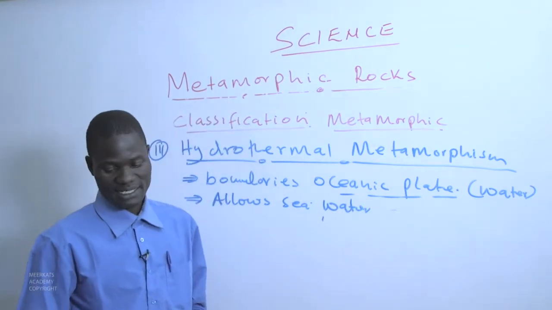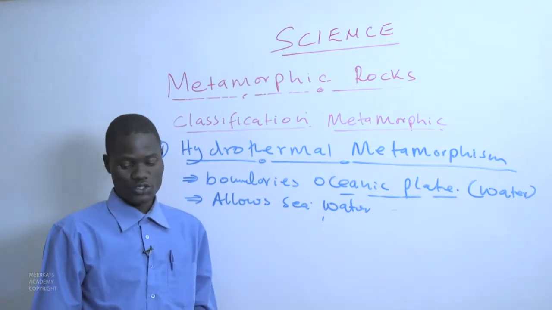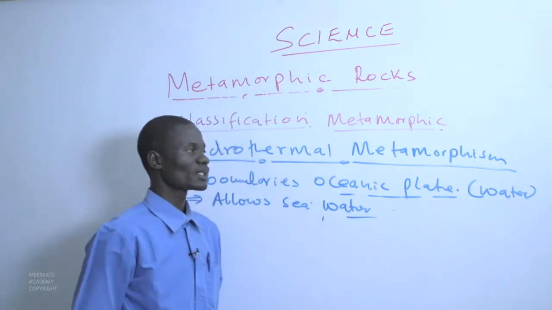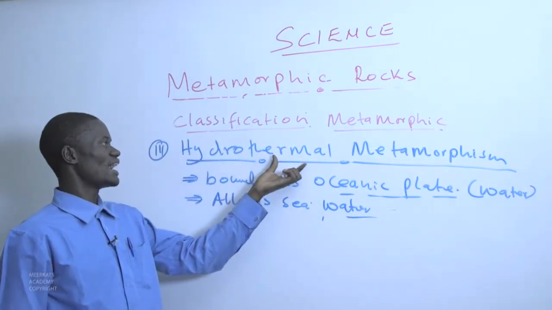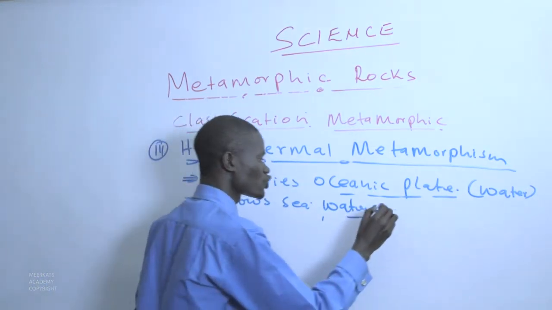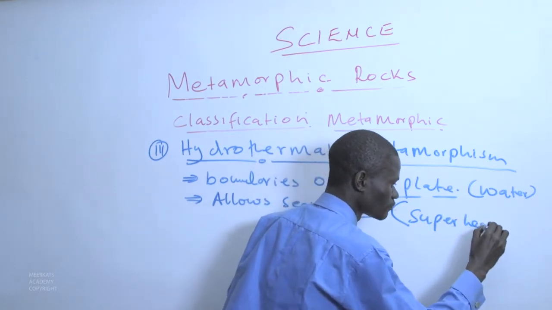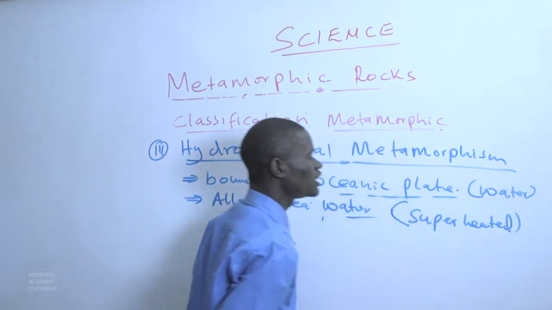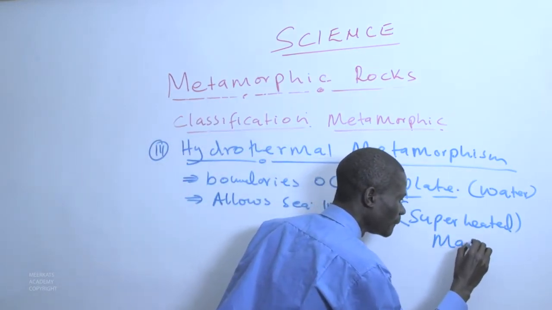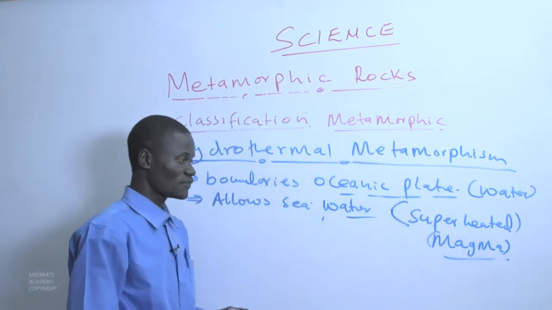When the seawater is allowed in, it percolates into the zones of the crust, and then through the hydrothermal process, this water is going to be superheated by the magma in the interior of the earth.